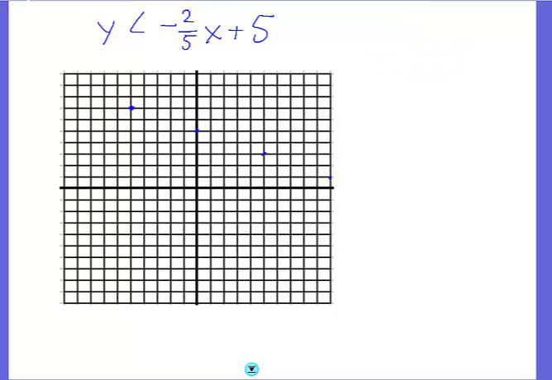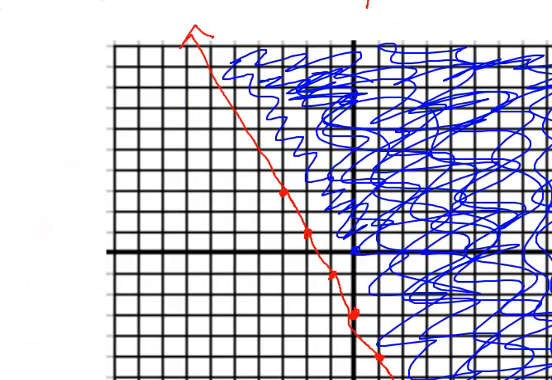But what we can do is instead of having a solid line, you're just going to have a dotted line go through your points. All right? So that's the equivalent of having an open circle for graphing a linear inequality. Instead of having a solid line, like we did on this one, because it was greater than or equal to, if it's just less than or it's just greater than, you're going to have a dotted line.